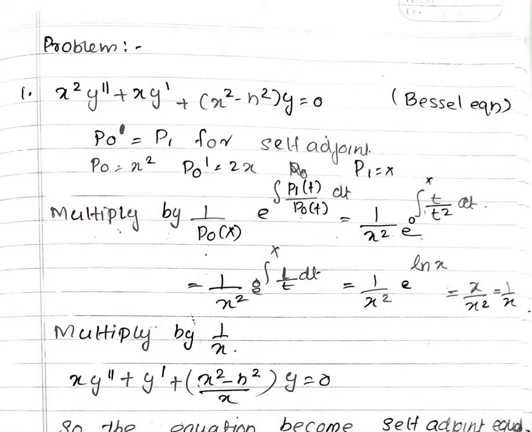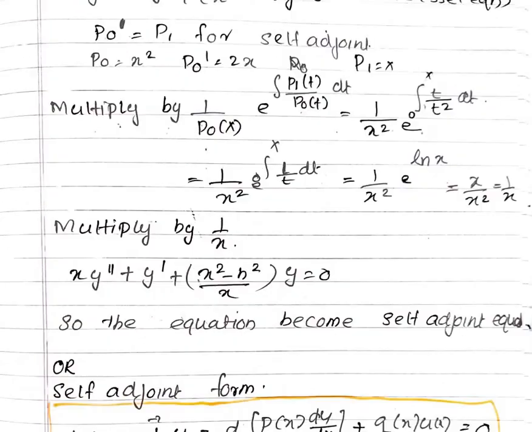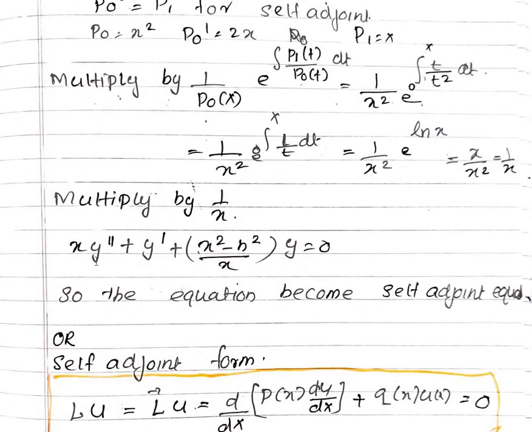When we check this equation, P0 of x is x here, so P0 dash of x is equal to 1. Here also P1 is equal to 1. So this equation becomes a self-adjoint equation. This is the method to convert a non-self-adjoint equation into a self-adjoint equation.